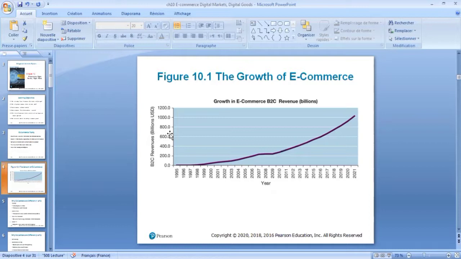This graphic illustrates the continuing growth of e-commerce between 1995 and 2021. E-commerce revenues, as you can see, grew from just over zero in 1995 to more than 1 billion in 2021. E-commerce revenue grew 15% to 25% each year.